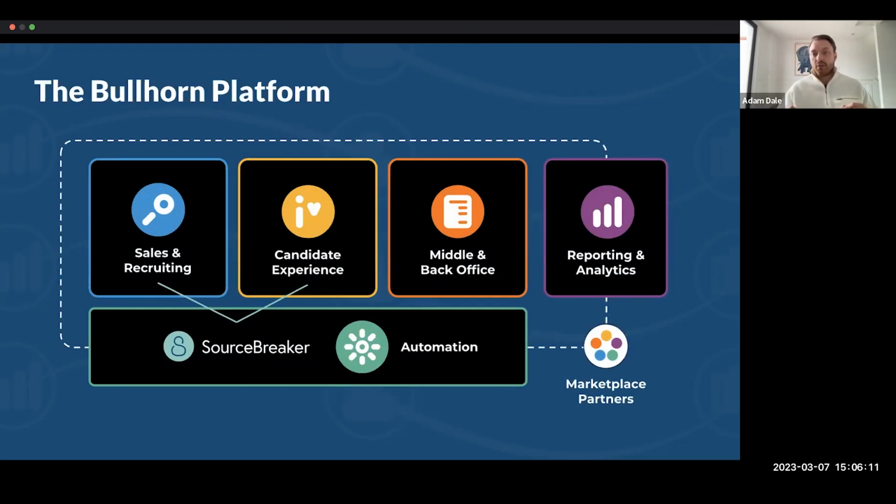Rather than thinking of everything in slightly different parts and being fragmented across the Bullhorn universe, you have the core parts of your Bullhorn system that are then supplemented with SourceBreaker, with automation, with analytics, and then any other additional marketplace partners that you will need to fill those gaps for what you're trying to achieve as a business. So you'll see over the coming 12 months, 18 months a lot more of this from us, and how we're going to propel that Bullhorn platform forward.